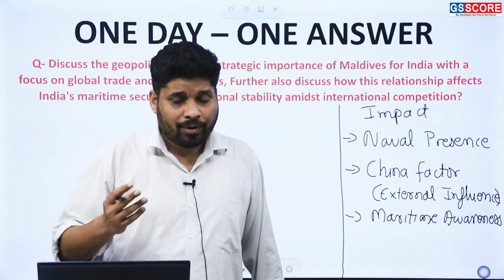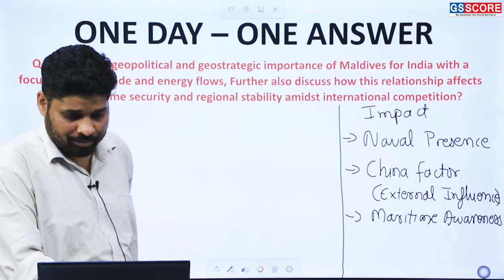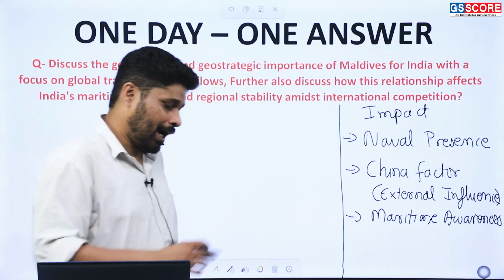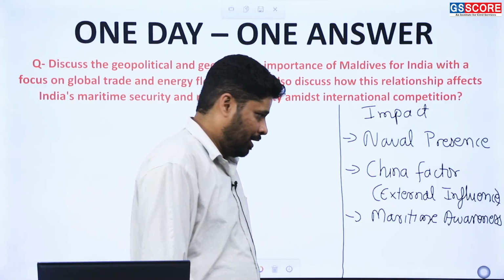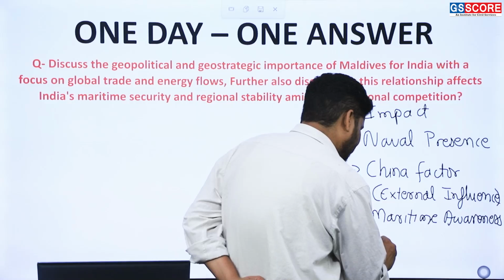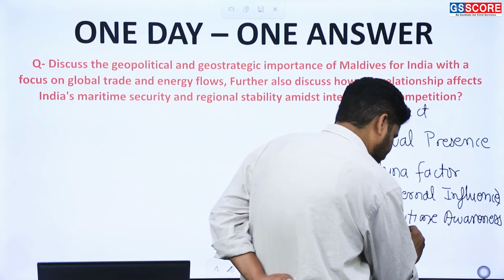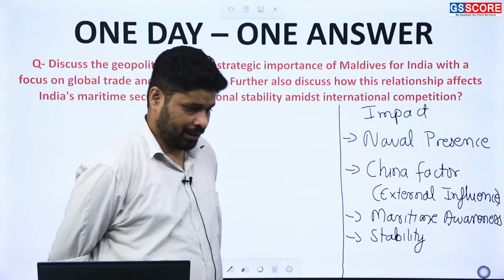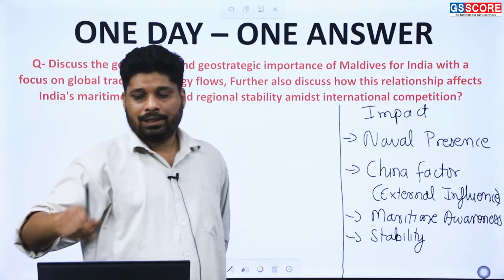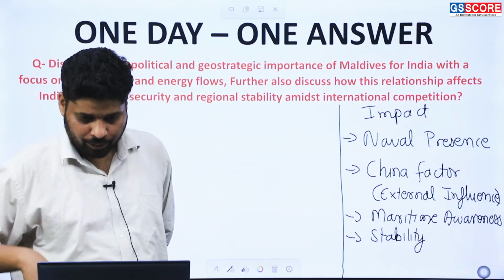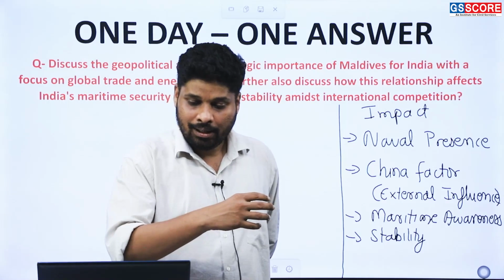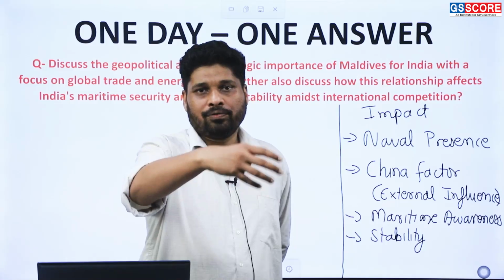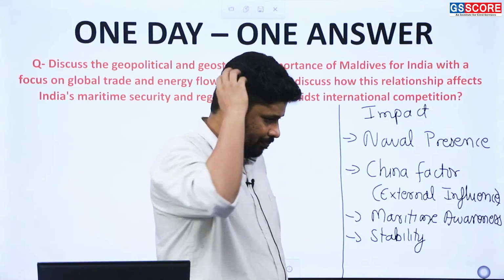Again, from the point of view of maritime security itself and regional stability itself, stability in Maldives. With good relations with India, stability in Maldives will provide an example to the countries in the region for maintaining political stability.